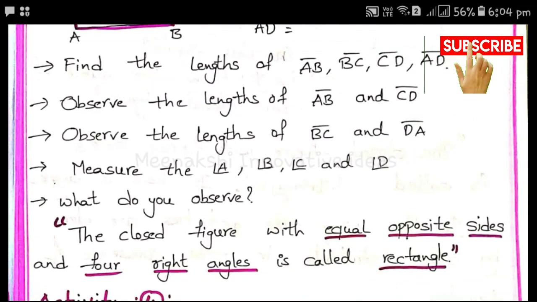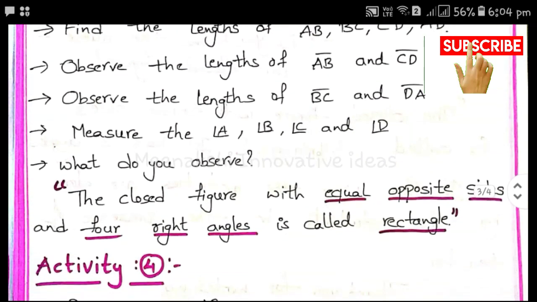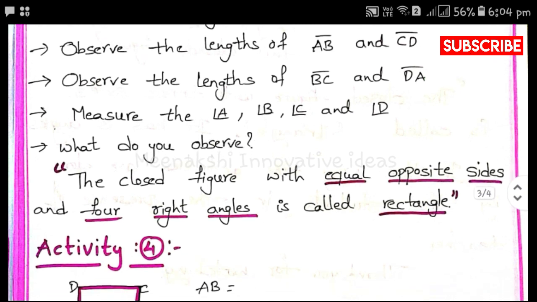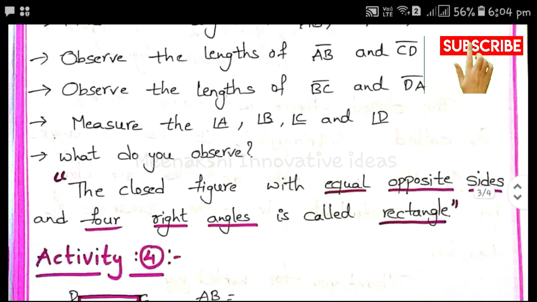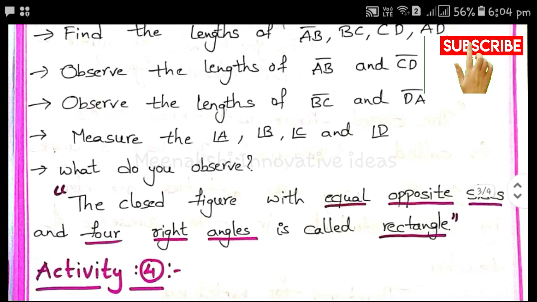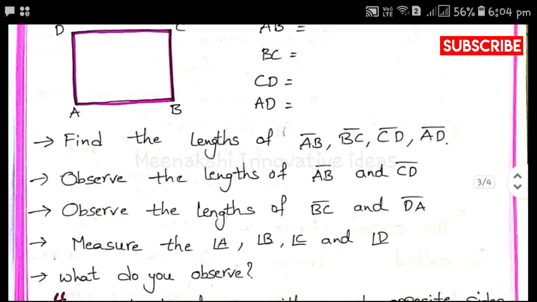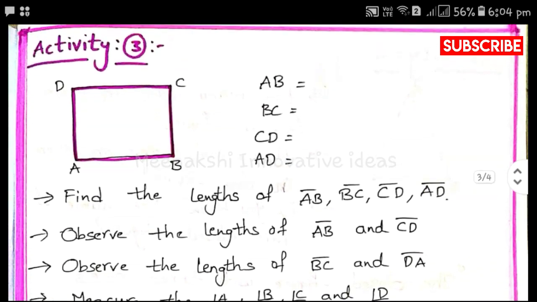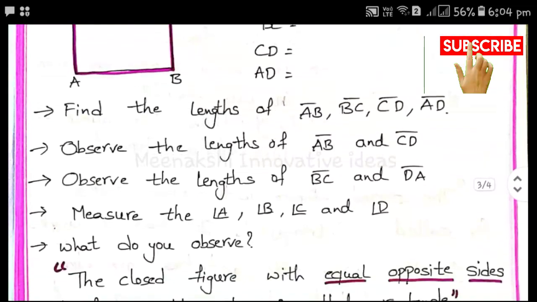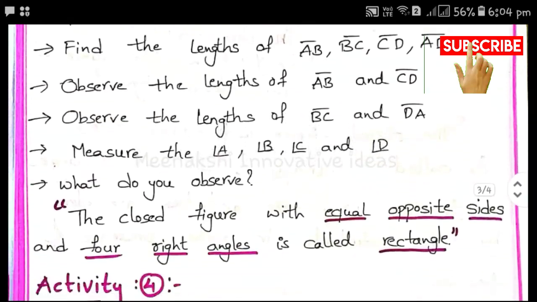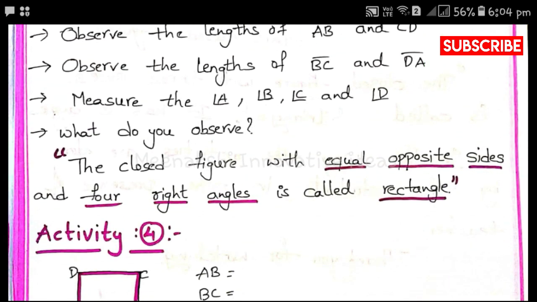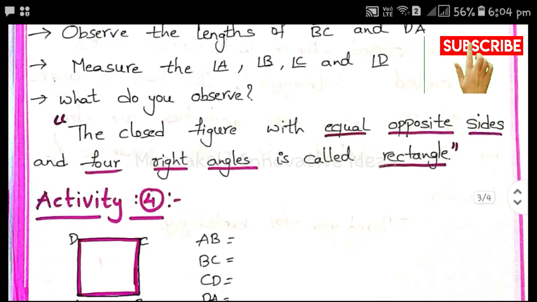Then the children say that the closed figure with equal opposite sides and 4 right angles is called a rectangle. This conclusion is given by the teacher after finding out these reasons.